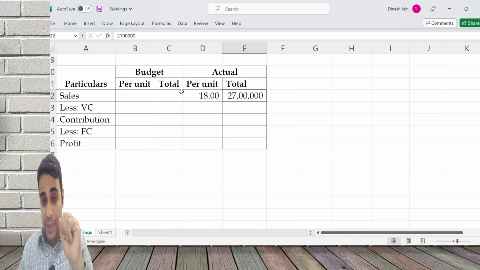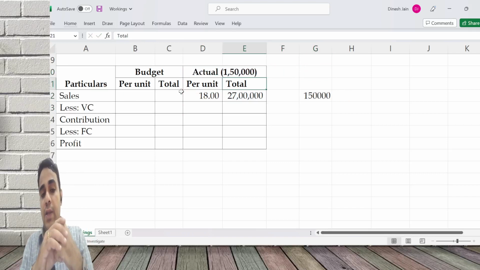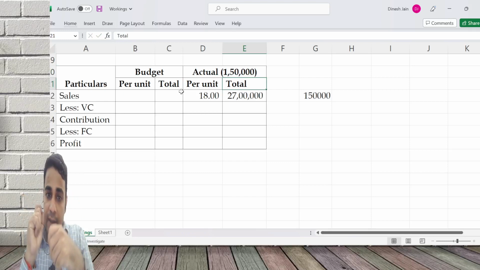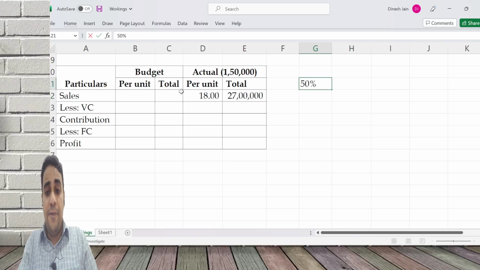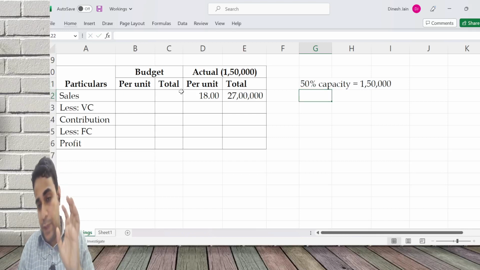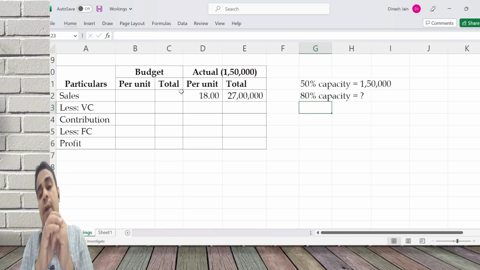This indirectly means the number of units is 1 lakh 50,000. 27 lakh divided by 18, so actual is 1 lakh 50,000 units. Actual is 50% capacity, budget is 80%. 50% is 1 lakh 50,000. 80% is question mark.